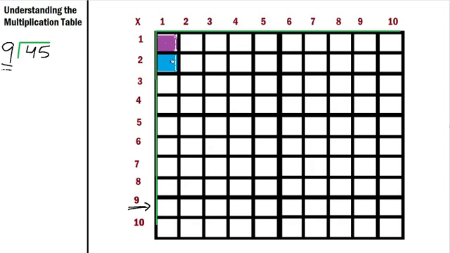1, 2, 3, 4, 5, 6, 7, 8, 9. And I keep going like that until I end up at 45.